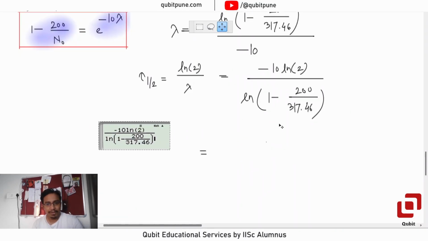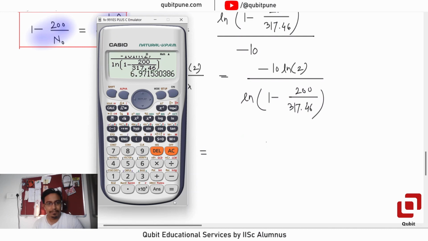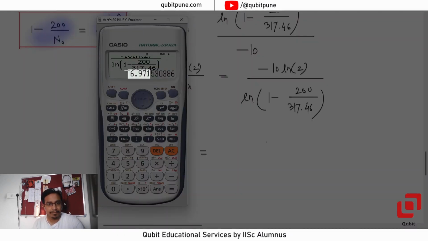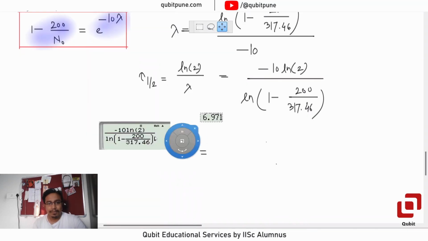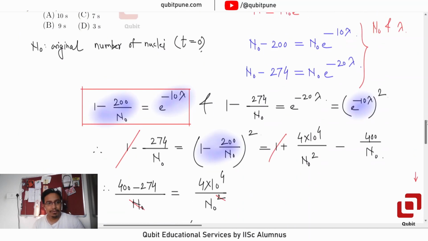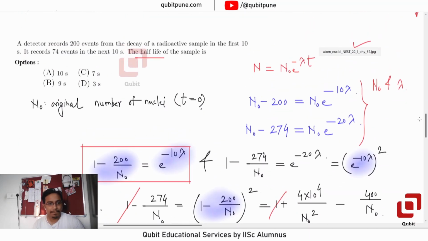So we are calculating this. Let's see what the calculator gives us. 6.97. Okay, 6.97 seconds. Any option closer to this? Option C.